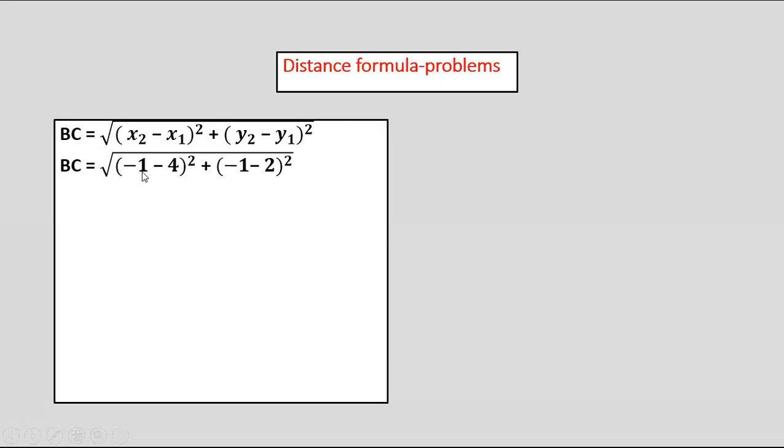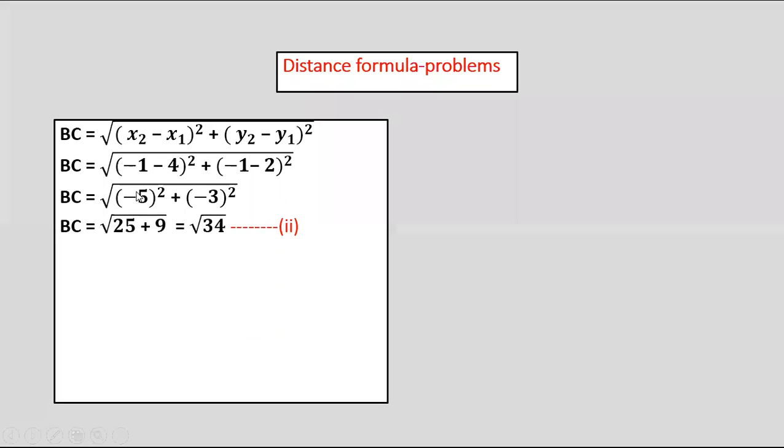x2 is equal to minus 1, x1 is equal to 4. BC is equal to square root of (minus 1 minus 4) square plus (minus 1 minus 2) square. Minus 1 minus 4 is minus 5, square is 25, minus 1 minus 2 is minus 3, square is 9. BC is equal to square root of 25 plus 9, which is square root 34.